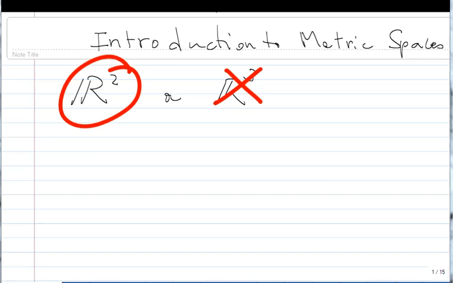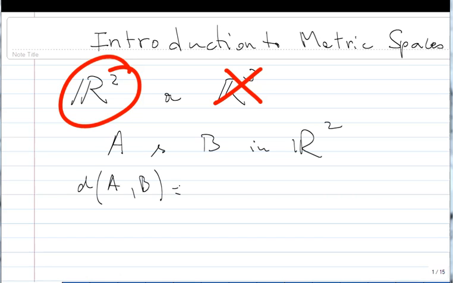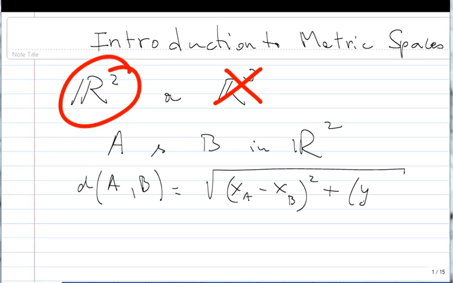So here, what we learned in baby geometry is that if you take 2 points, A and B, in R2, the distance from A to B is the square root of (XA minus XB) squared plus (YA minus YB) squared.